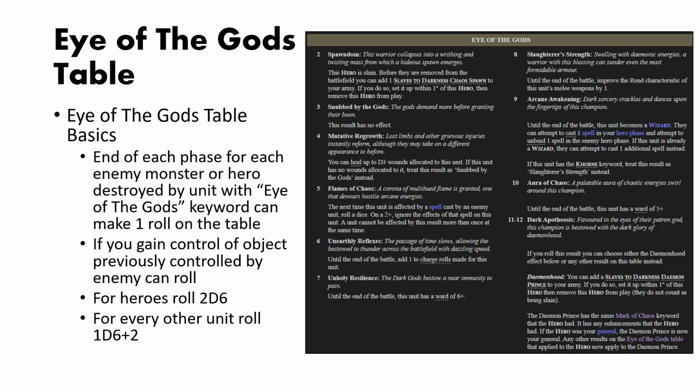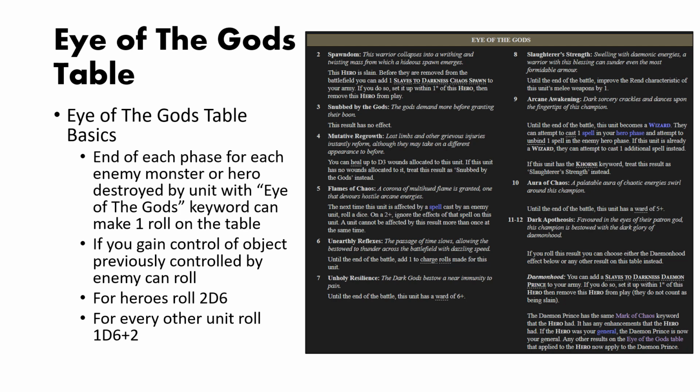Very strong. 9 is a wizard's buff where the unit becomes a wizard and they can attempt to cast one spell and unbind one spell. If they are already a wizard, they can cast a second time. But as you know, or if you did not know, Khorne does not like wizards. So if a Khorne unit gets that buff, they get Slaughter's Strength instead. 10 is an Aura of Courage.